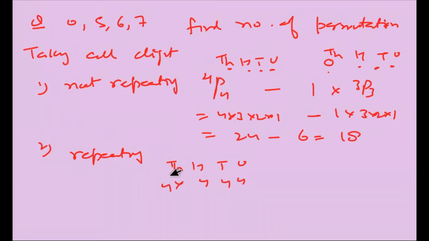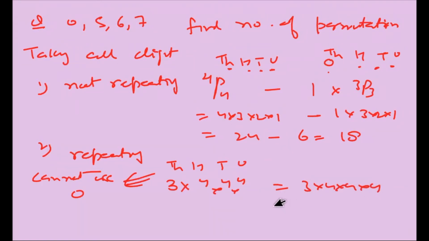But repeating, you cannot use 0 on the thousands place. So the method is only 3 into 4 into 4 into 4. Okay, you can calculate this.